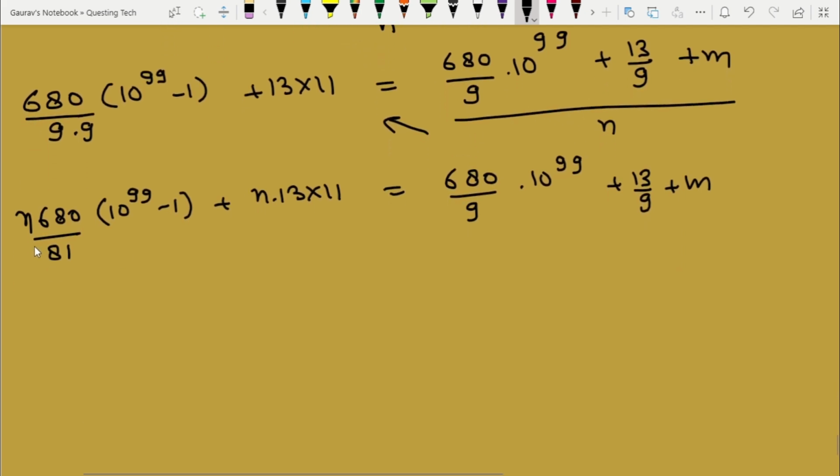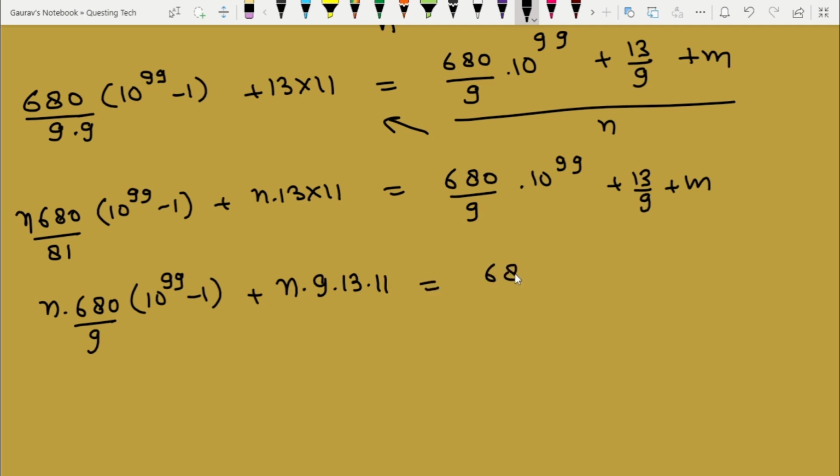So now can we multiply the whole expression by 9, or cancel out the 9 in the denominator? Yes, we can. We get 680 divided by 9 times 10 raised to power 99 minus 1, plus n multiplied by 9 multiplied by 13 multiplied by 11.